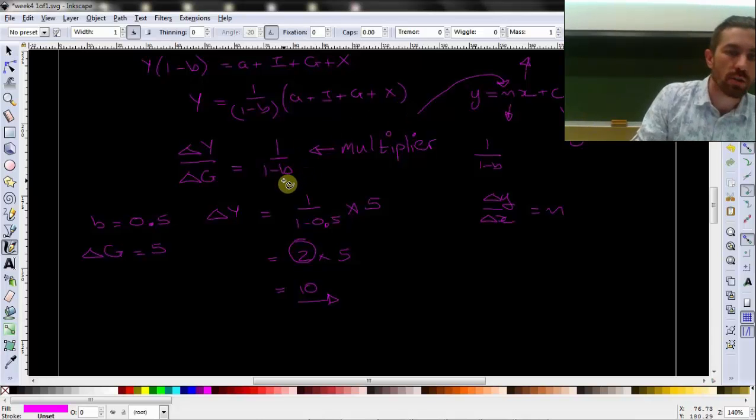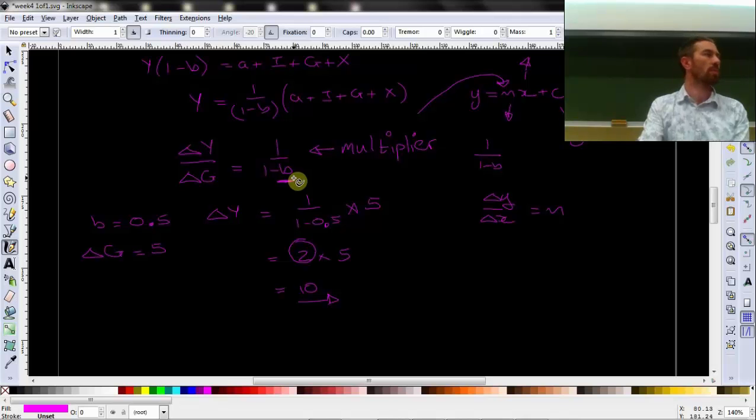Now you see that the slope of our consumption function is what's going to determine the size of the multiplier. If the value of b increases, then the value of the multiplier does what?